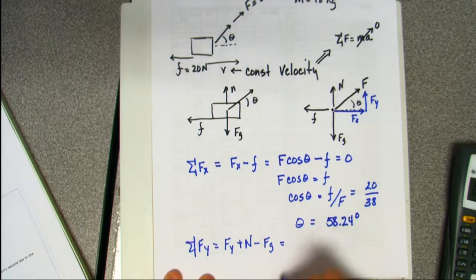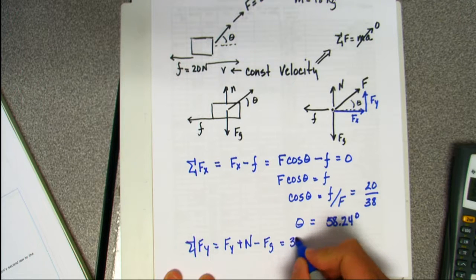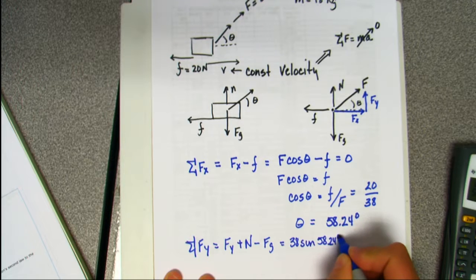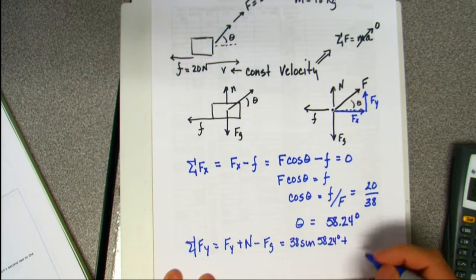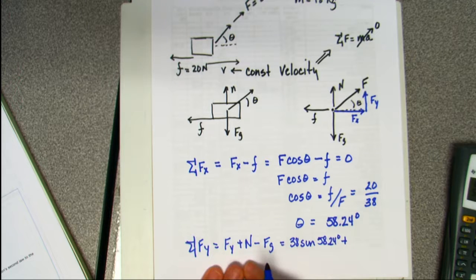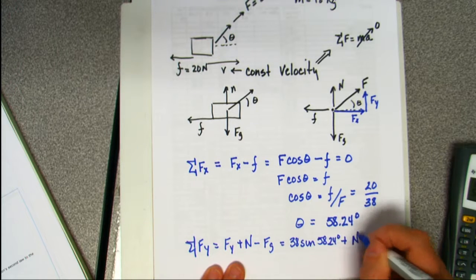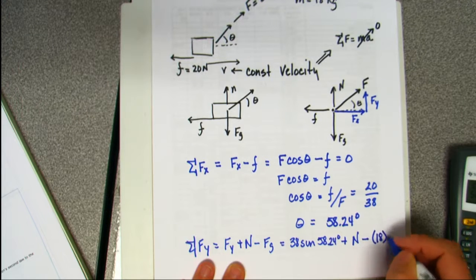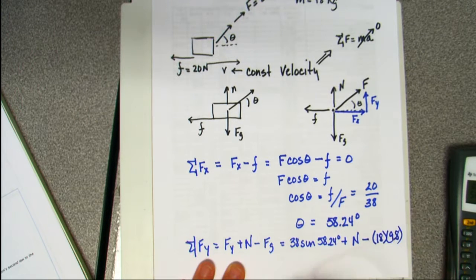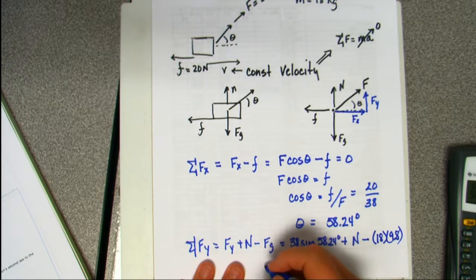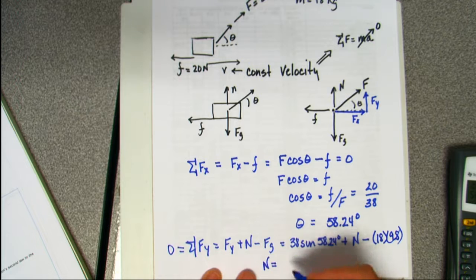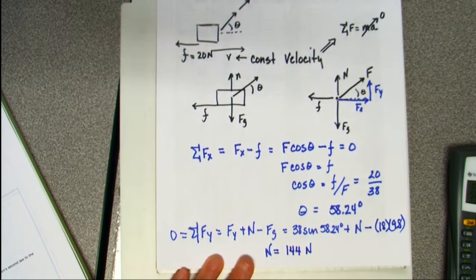My force y is 38 newtons sine of my 58.24 degrees plus my normal force, which is what I'm solving for, minus the weight, which now I have to do my 18 times my 9.8 because they gave it to me in mass. Solve for the normal force because that's got to equal 0. And the normal force equals 144 newtons.